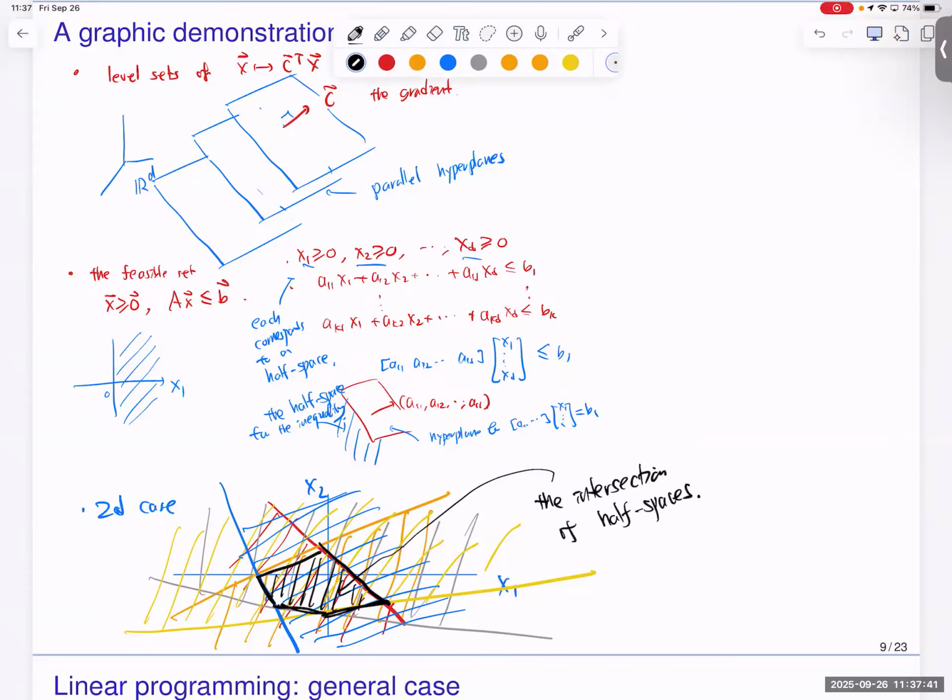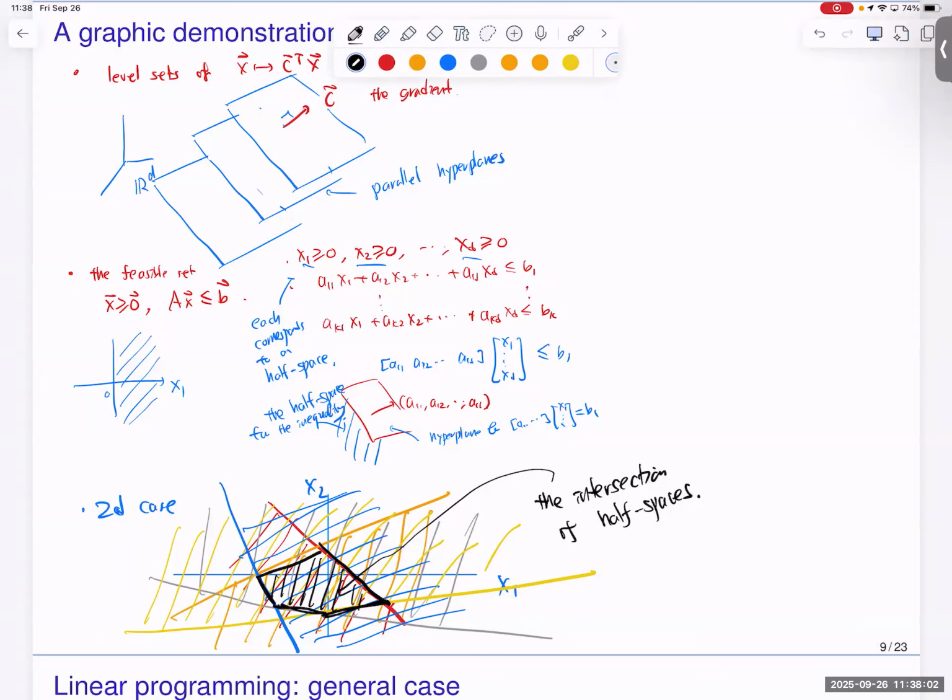Okay. So what can you say about such intersection? Yeah, so in 2D it is a polygon. It's exactly a polygon.